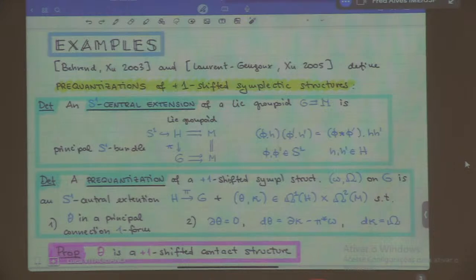Well, the first example was suggested to us by Chenchang Zhu. There is a notion of a pre-quantization of a +1 shifted symplectic structure, which is due to Bursztyn, Cabrera, and Zhu, and also Rajan and Zhu.